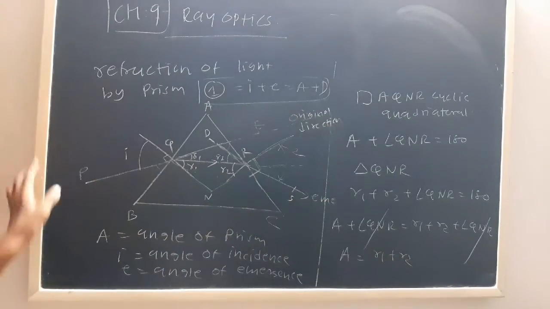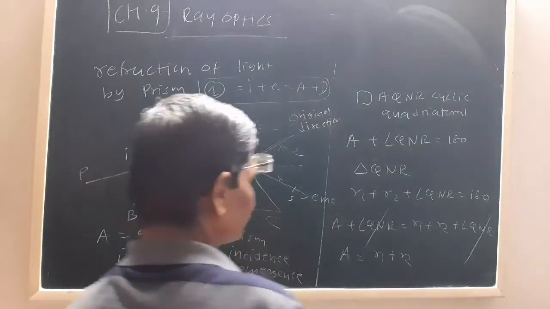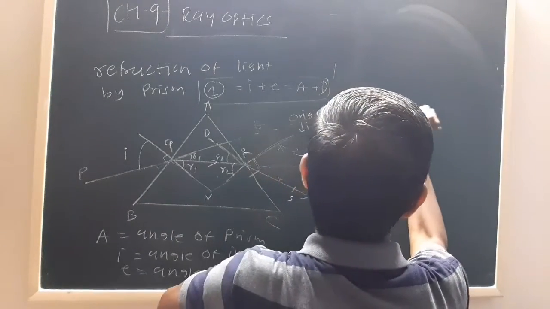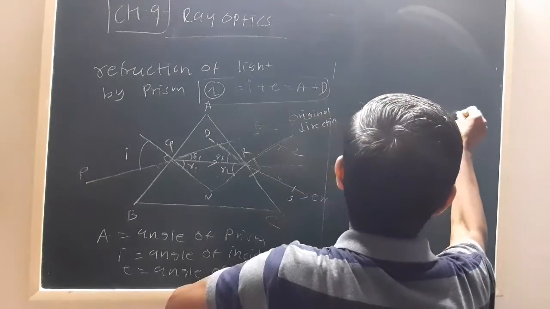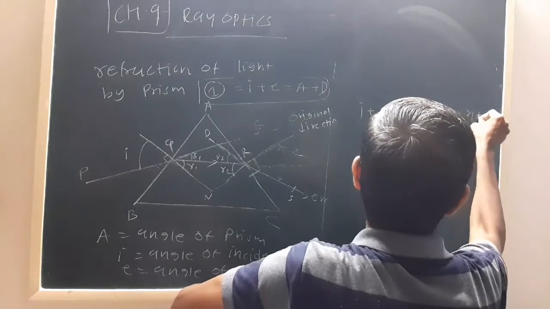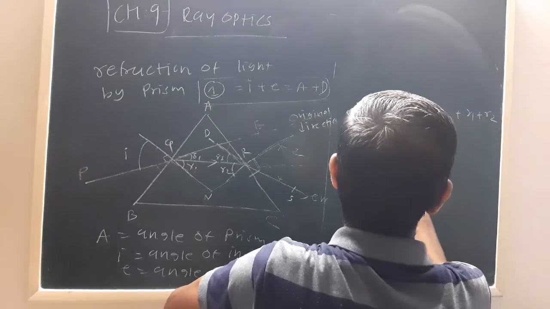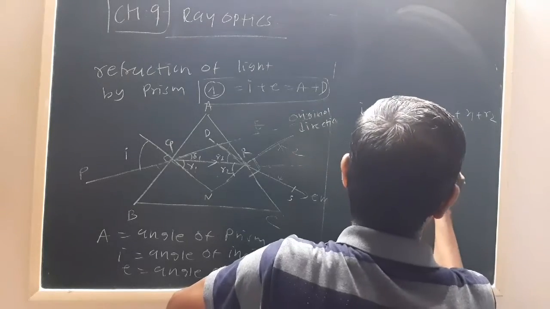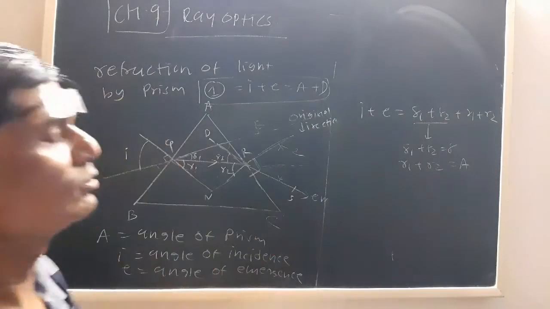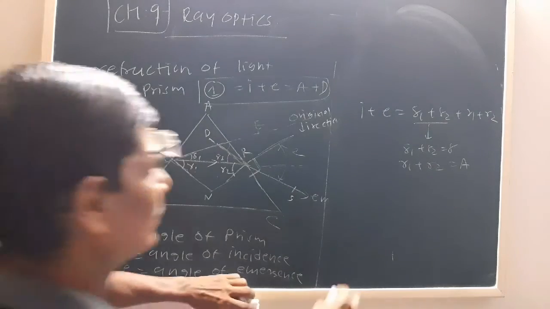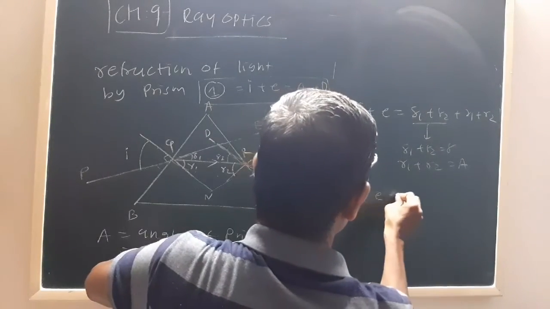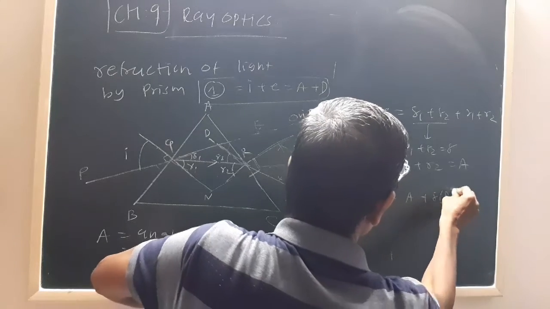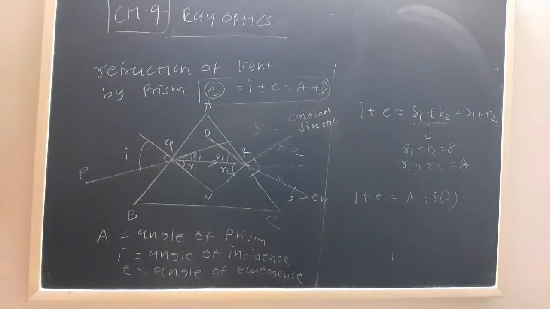So hence our equation, I plus E is equal to delta 1 plus delta 2 plus R1 plus R2. Delta 1 plus delta 2 we have proved is delta, and R1 plus R2 we have just now proved is A. So our equation has become I plus E is equal to A plus delta. Sometimes they call it D also. So this is the first part of the question.